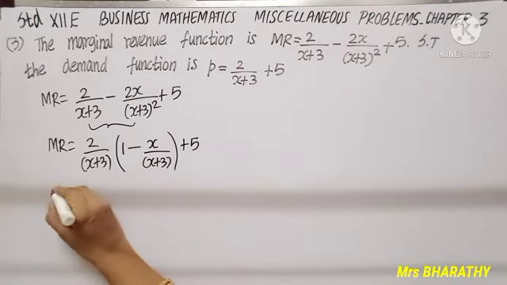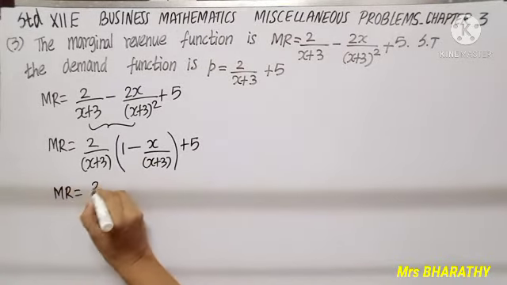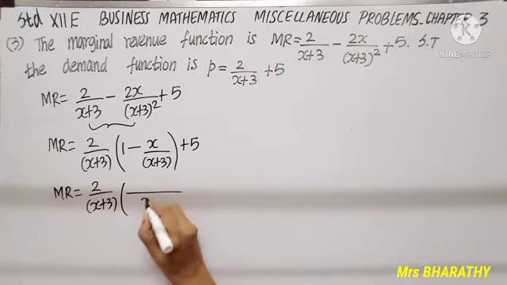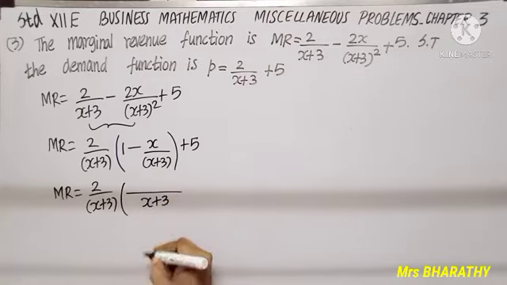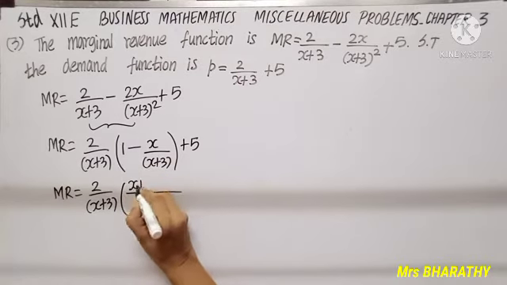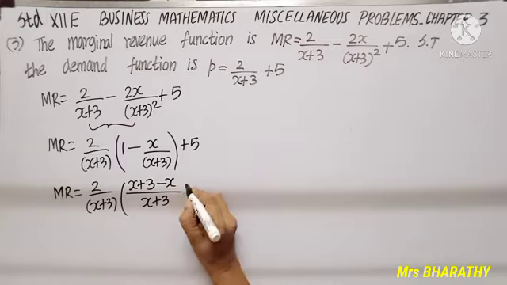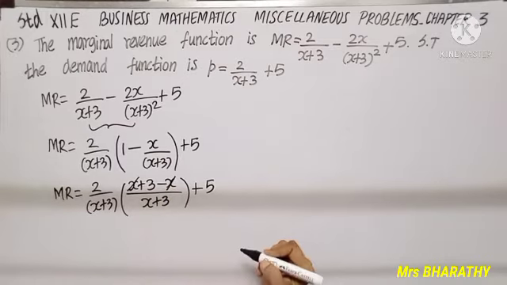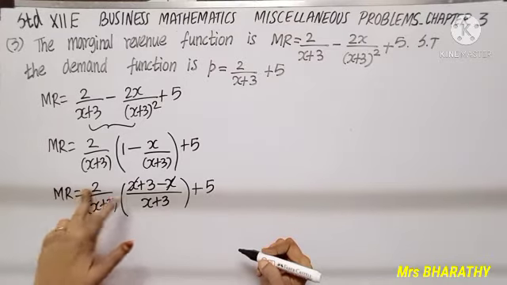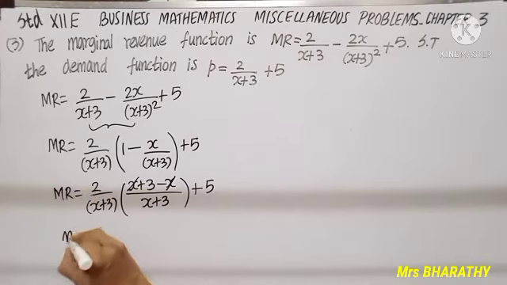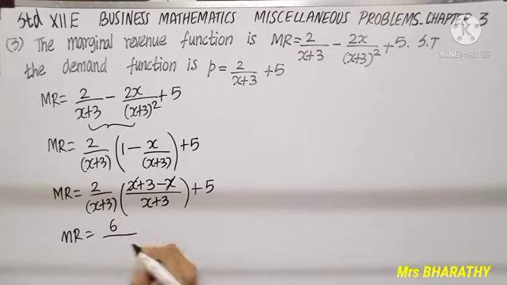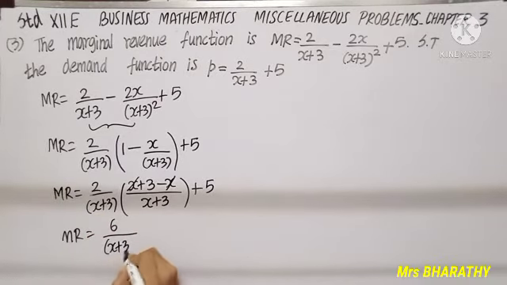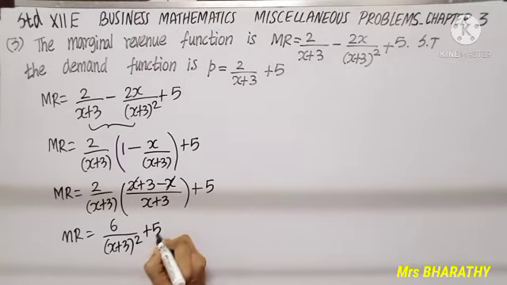As we take LCM, MR is 2 by x plus 3 into, here the LCM x plus 3, as I cross multiply, x plus 3 minus x, plus 5. X and x cancel. We are left with 2 into 3, that is 6. Denominator x plus 3 into x plus 3, x plus 3 the whole square, plus 5.